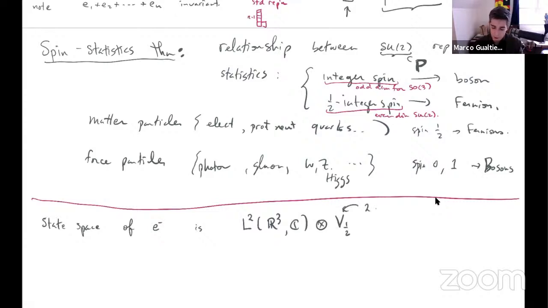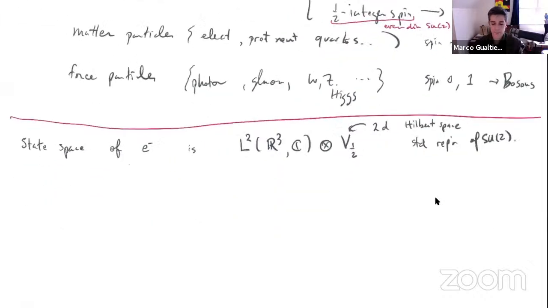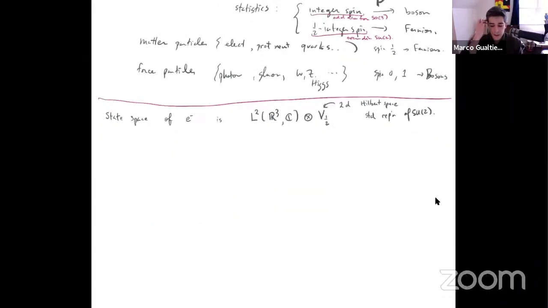This is a two-dimensional Hilbert space, which behaves as the standard representation of SU2.